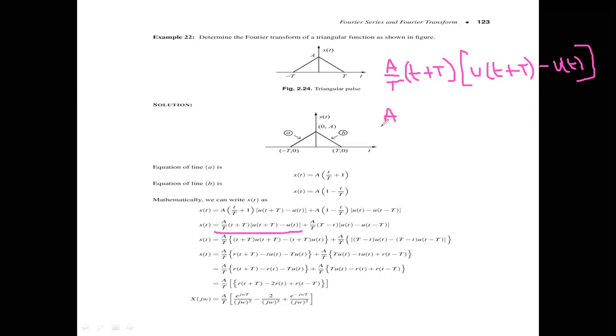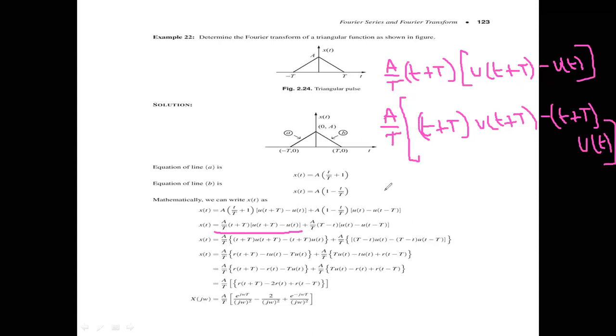Keep it, A by T is a common term. Multiply this T by T with these two functions, T plus capital T into mu of t plus T, minus T plus T, whole multiplied with the mu of t. Okay, my dear students.